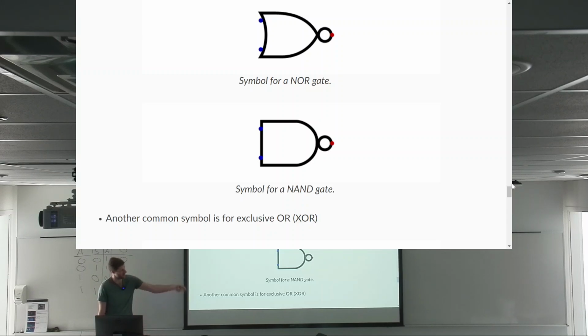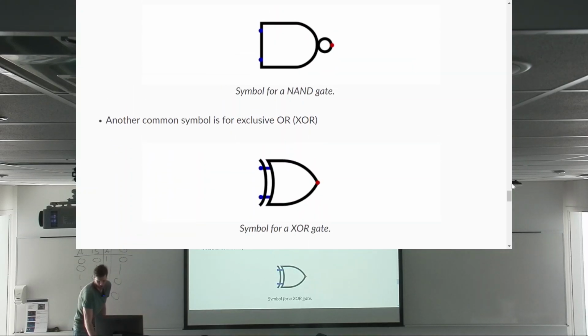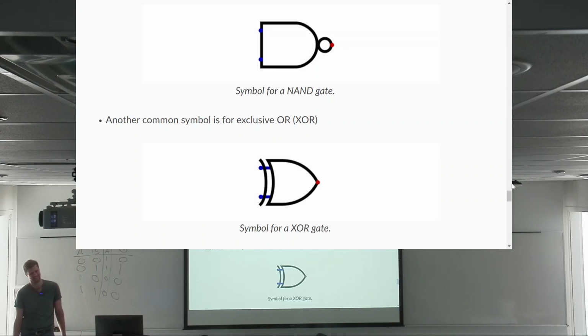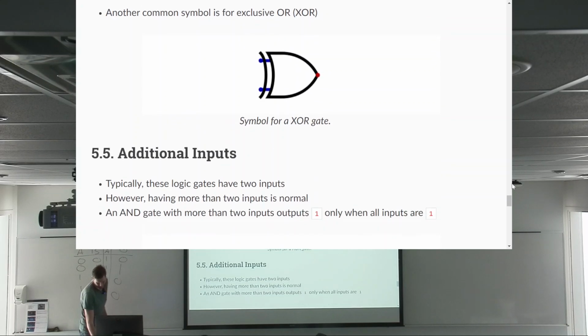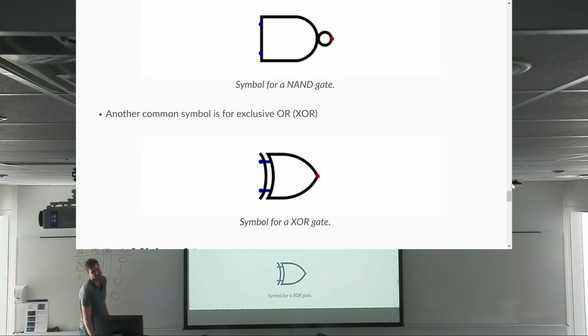Well, it's an AND gate with a little circle out front. Here's another one, exclusive OR. Want to take a wild guess what NOT exclusive OR would be? Nailed it. Genius right there, everybody. I don't even show it. Okay. Well, anyways, NOT exclusive OR.